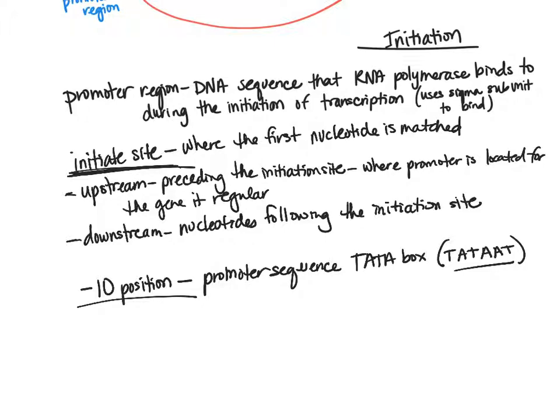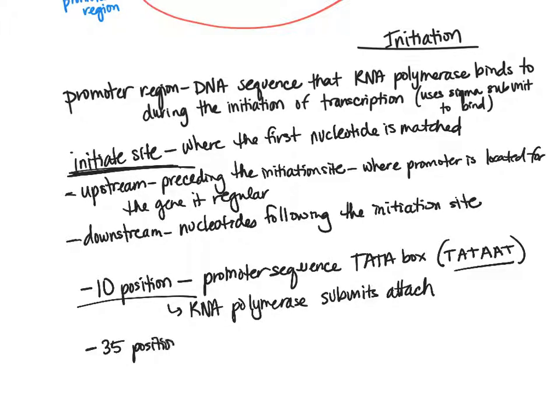So part of these RNA polymerase subunits are going to attach here for initiation. Now, that one last subunit that we talked about, that sigma subunit, is going to actually attach at the -35 position.